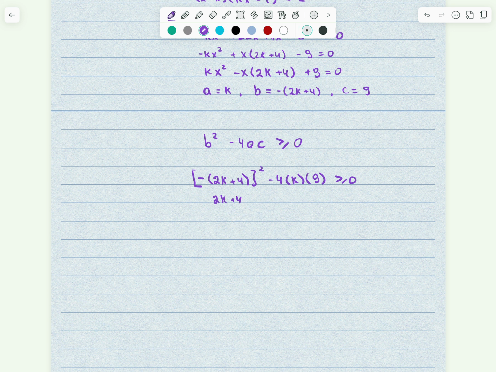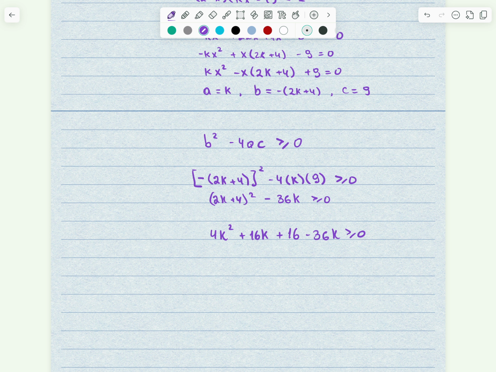Let's write it as (2k plus 4) altogether squared minus 36k greater than or equal to 0. And that's going to be 4k squared plus 16k plus 16 minus 36k greater than or equal to 0.